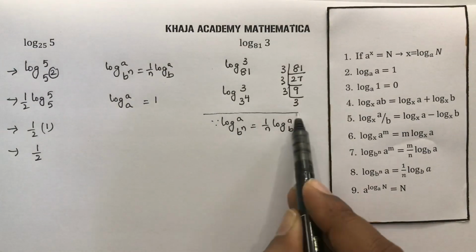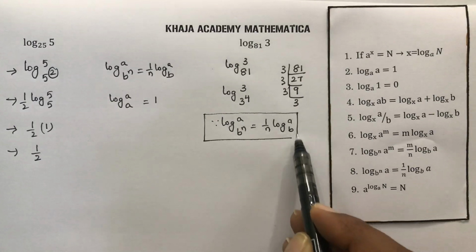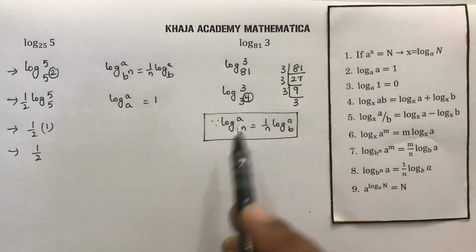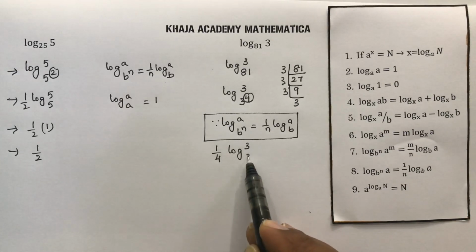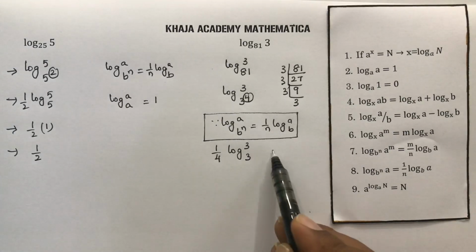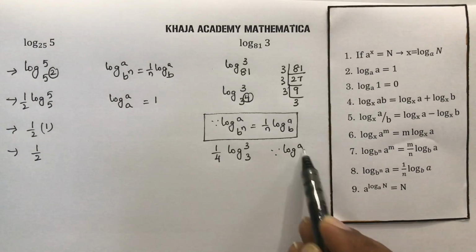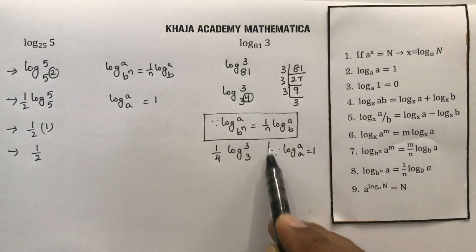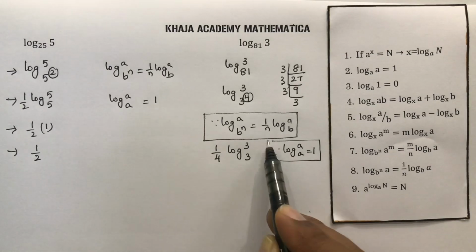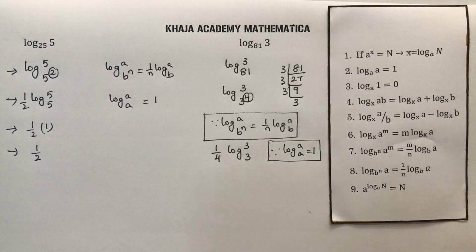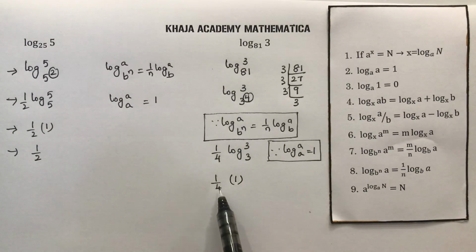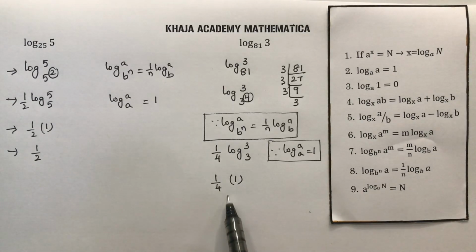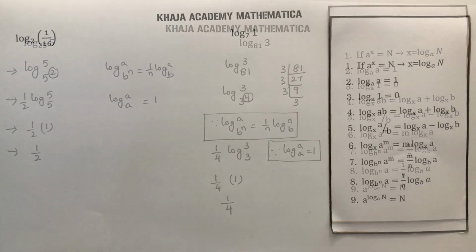So in place of n here we have 4. So 1 by 4 log 3 to the base 3. Again log a to the base a, its value is 1. So 1 by 4 into 1 is 1 by 4. So the answer is 1 by 4.